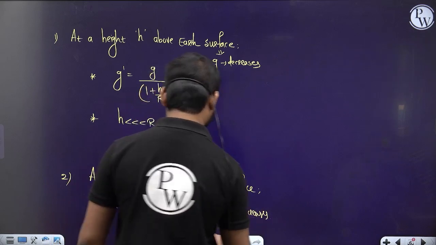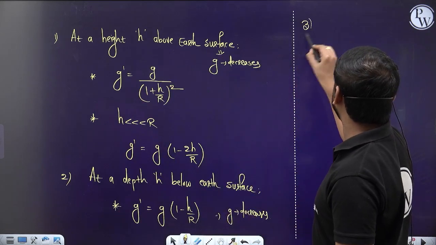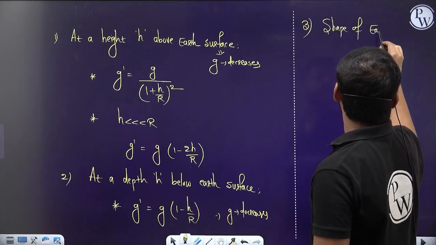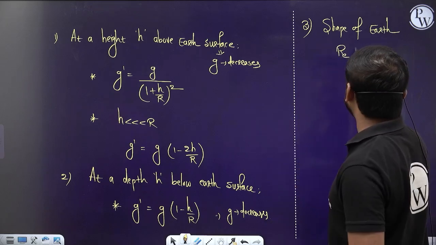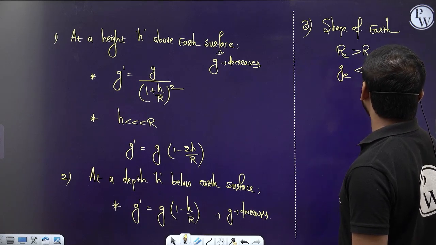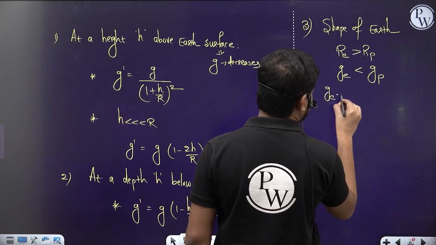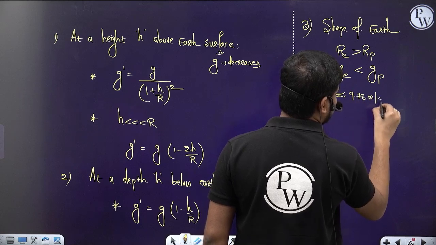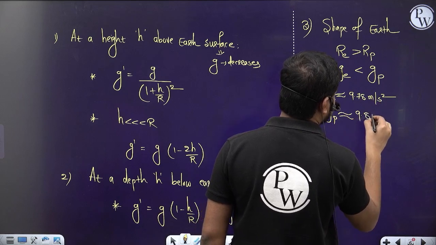Right? Sure. And then the third one, due to the shape of the earth, where the radius at the equator is greater than the radius at the pole, so the g at the equator will be less than the g at the poles. The g at the equator is considered approximately 9.78 meter per second square, and g at the poles is 9.8 meter per second square.